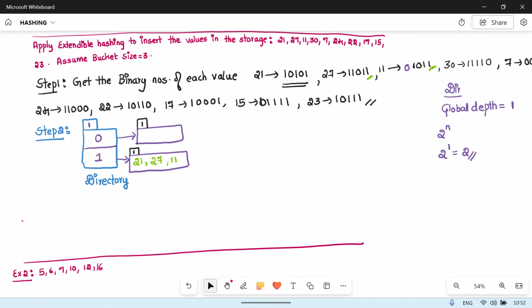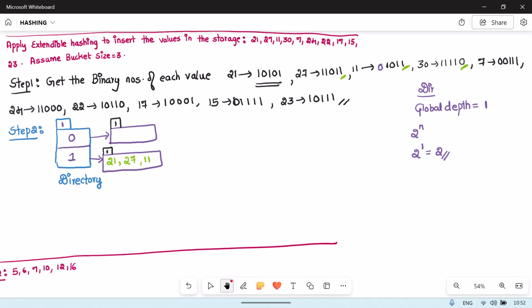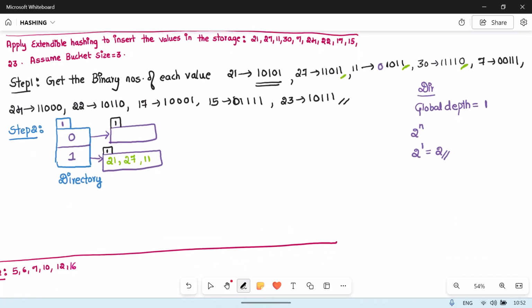Correct? Now, next one is 30. 30's least significant bit is 0. So it will correspond to this one and its bucket. So 30 will come here.